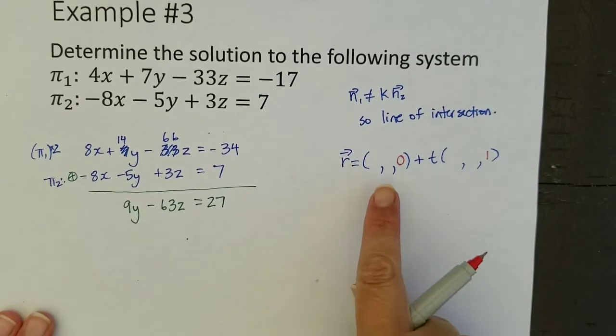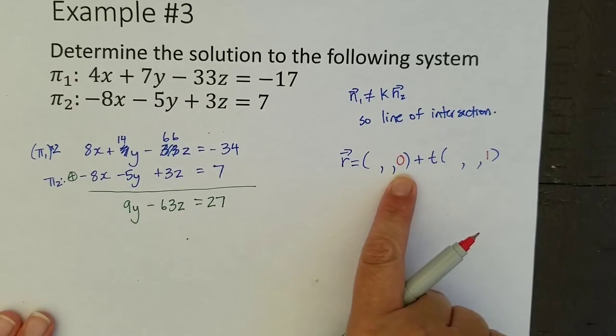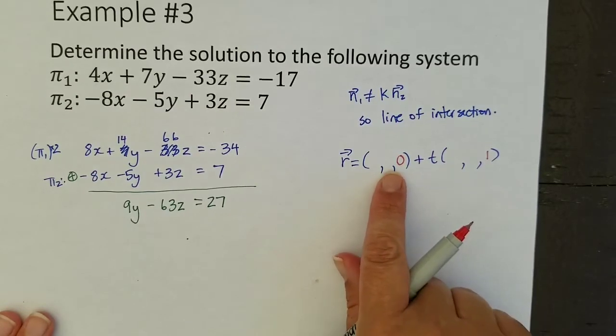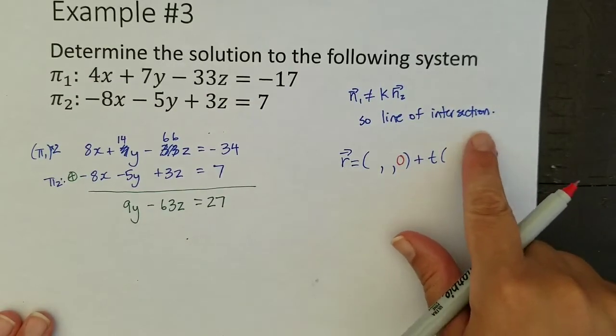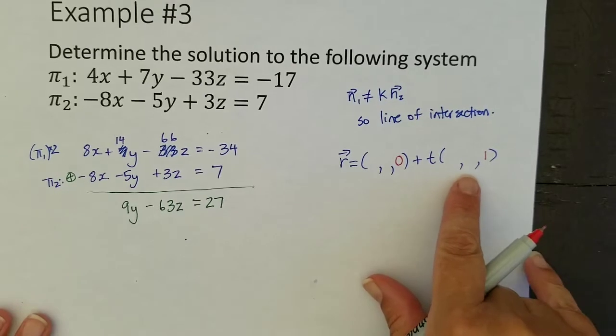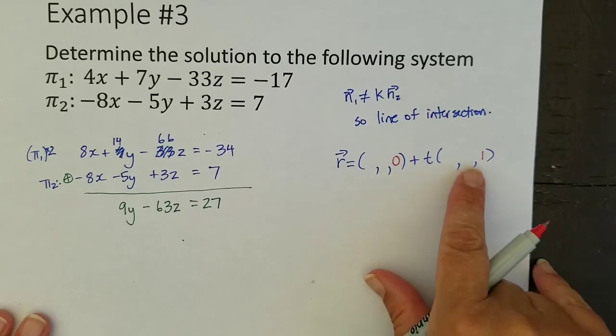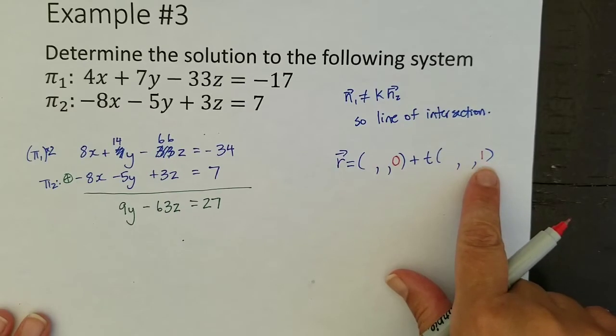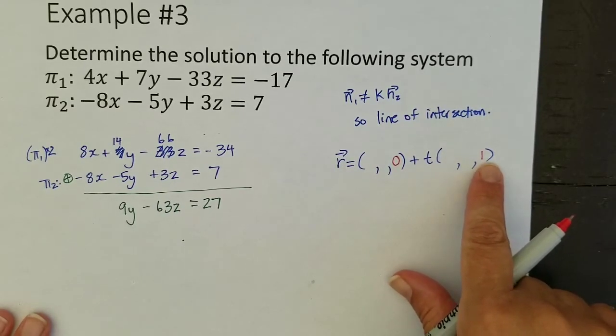And again, this position vector can be any point on the line. We know that the line is probably going to go through the xy plane where z equals 0. And the direction vector can be any scalar multiple of a vector in the direction of the line. So why don't we just arbitrarily make it the case where the z value is 0.